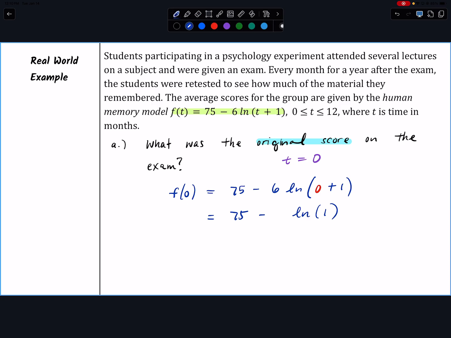Okay, I know that you guys want to jump straight to your calculators, but this one we can actually do without a calculator. What was the ln of 1? You remember? 0. So 0 times 6 is just 0. So 75 minus 0, that's just 75.